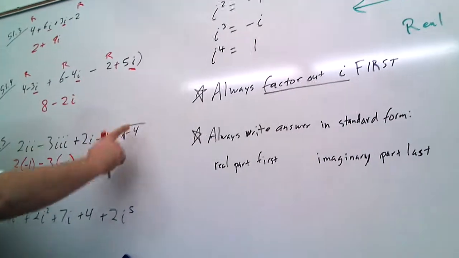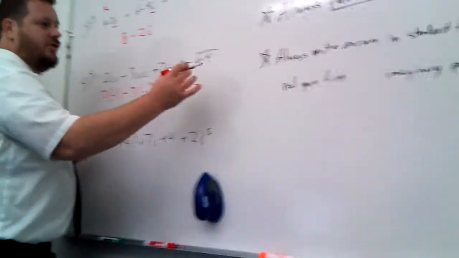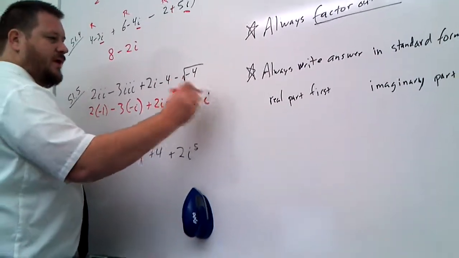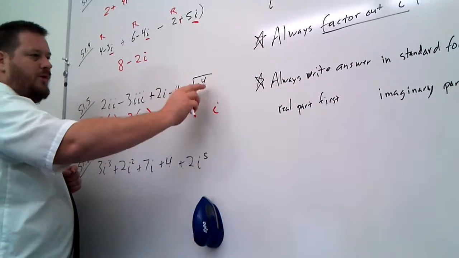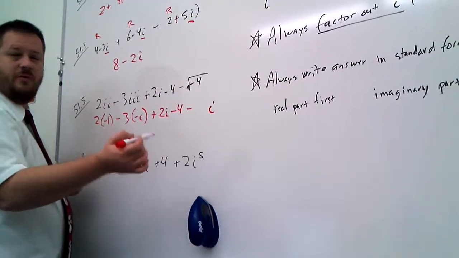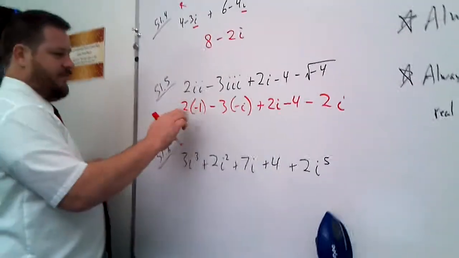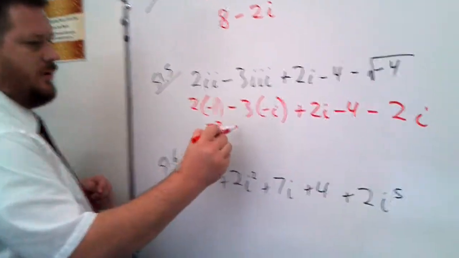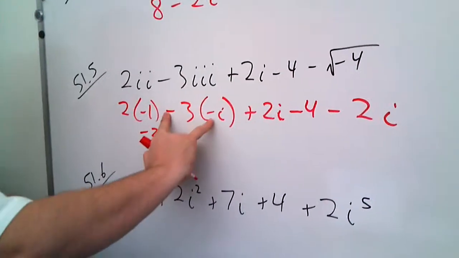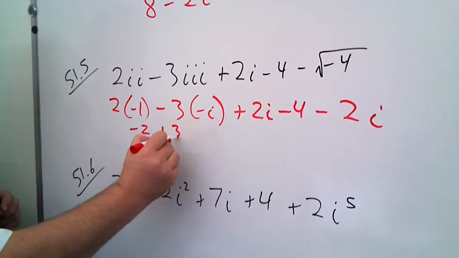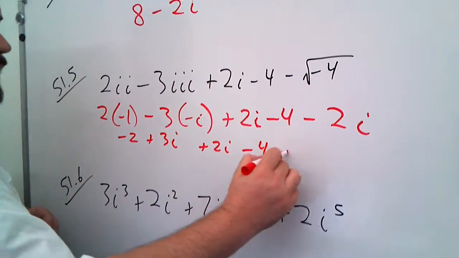Always factor out the i. Anytime you're taking the square root of a negative number, as soon as you see that negative under the radical, put an i, and what's left? It's the square root of 4. What's the square root of 4? 2. Okay, so now we have negative 2 minus 3 times negative i. A negative times a negative is positive, and we have the 3 and the i, plus 2i minus 4 minus 2i.